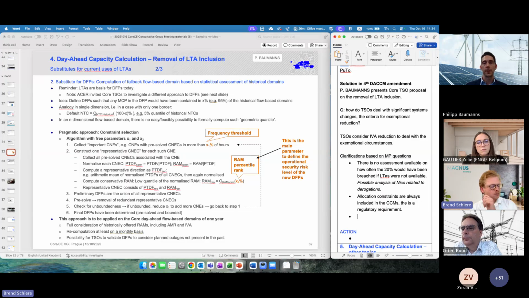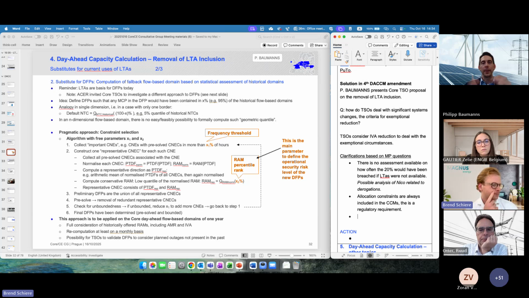Collect the respective connect associated with that CNE, normalize it to have the same direction, and then in the end compute a replacement connect, a representative connect with representative TTDFs for that on average and run.